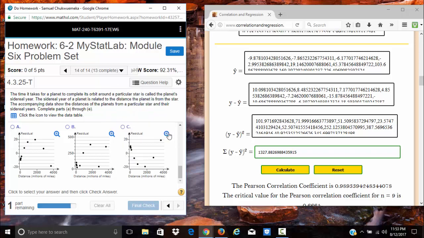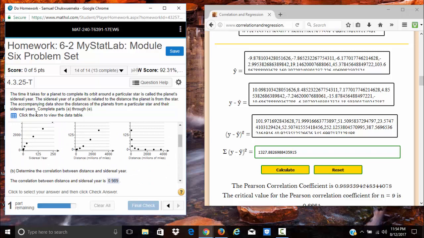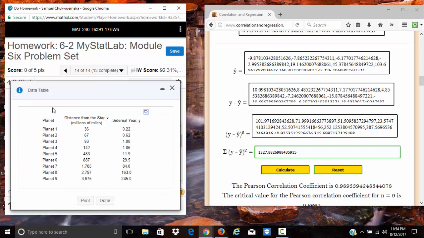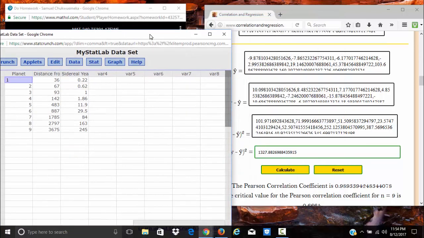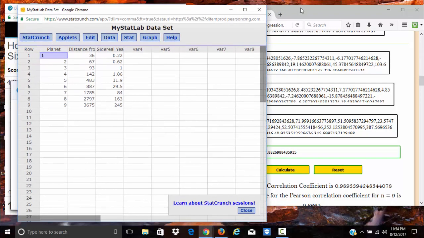Well, don't open up Statcrunch. Let's get back to the table and open Statcrunch from there.